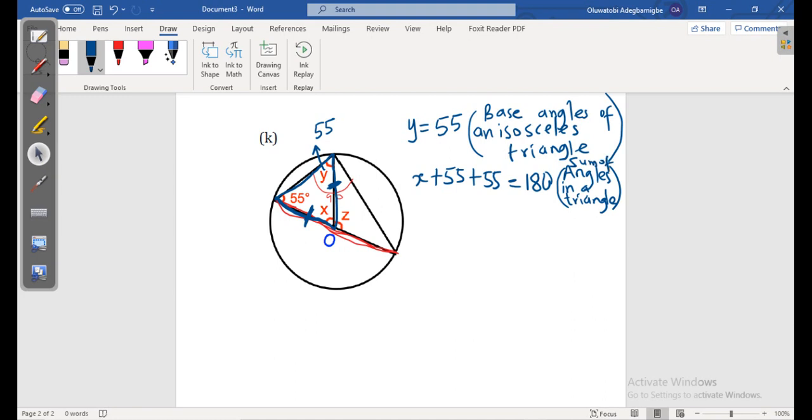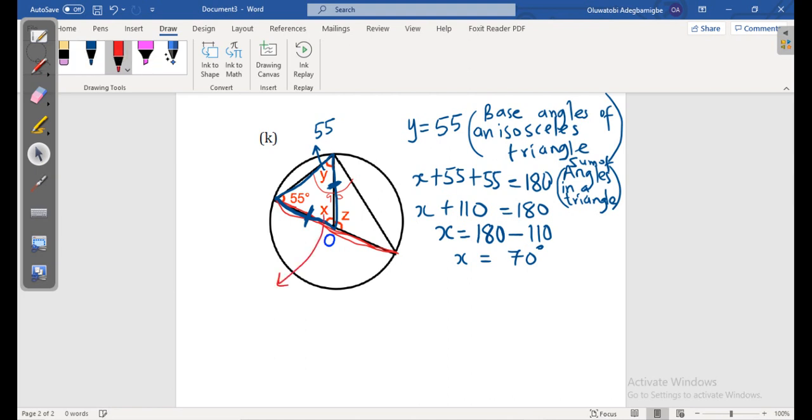So that means x plus 110 is equal to 180, which means x equals 180 minus 110, and x equals what? 70 degrees. So I also know this angle here to be 70 degrees.